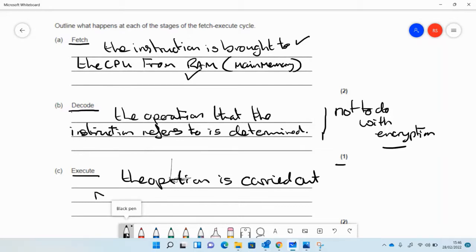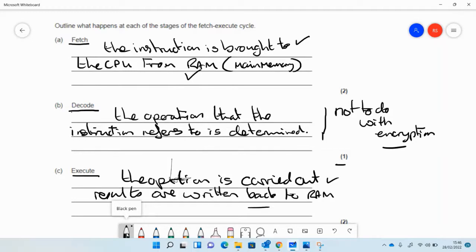And results are written back to RAM. And that's where we're going to get our 2 points. So the operation is carried out, or something like that, and the results are written back to RAM.